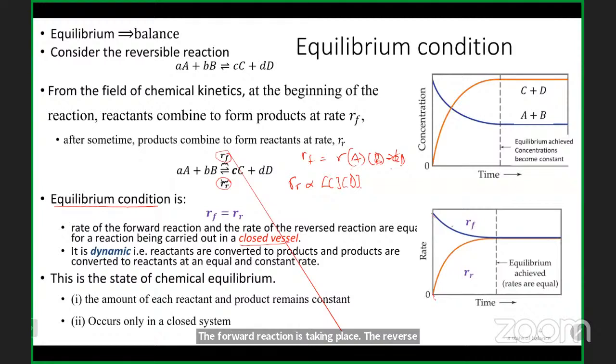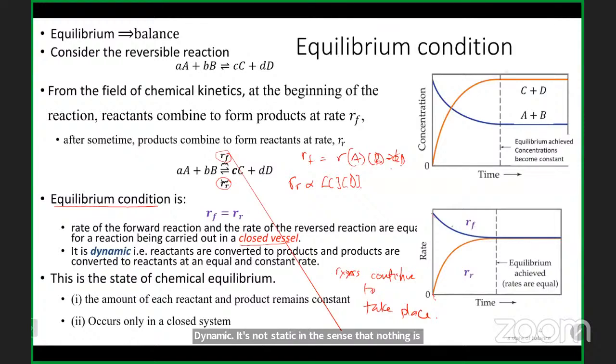It's not that there is nothing taking place any longer. So it's dynamic because reactions continue to take place. That's why we say it is dynamic. It's not static in the sense that nothing is taking place.